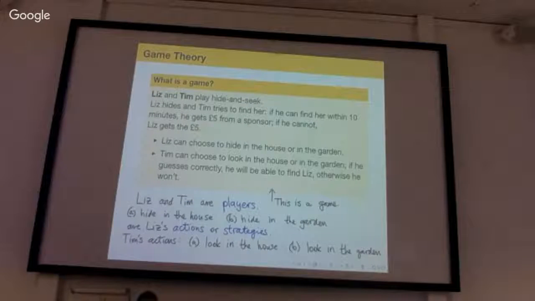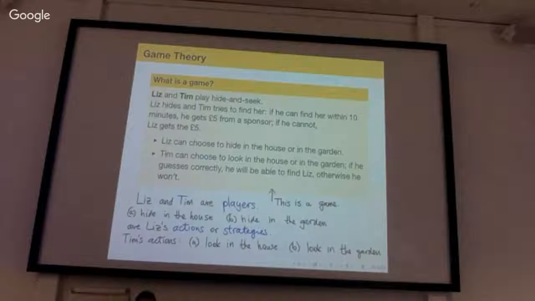Which of these two possibilities do you think Tim will prefer? I'll say that again. First option, Liz hides in the house, Tim looks in the house. Second option, Liz hides in the house, Tim looks in the garden. Which of these two options does Tim prefer?